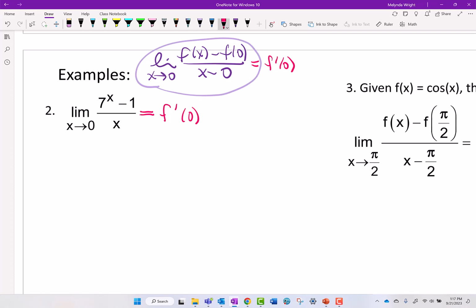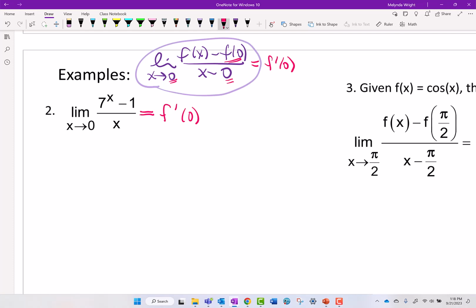Okay, because this is my 0, there's my 0, and there's my f of 0. That signifies, in the alternative form of the definition of the derivative, what we're getting when we do that limit. Okay, are we okay?